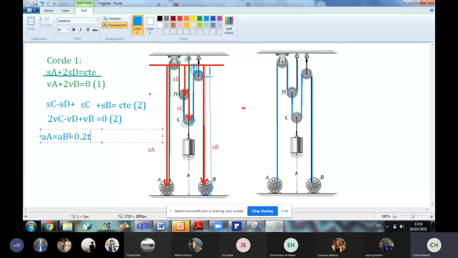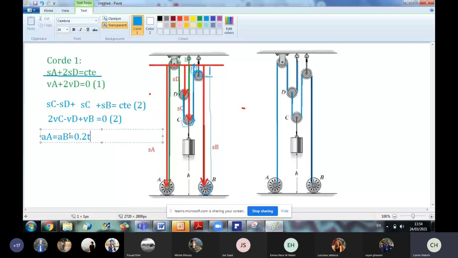And if you have that VA is equal to VB, you can also write that delta SA is equal to delta SB, which is equal to the integration of this term.